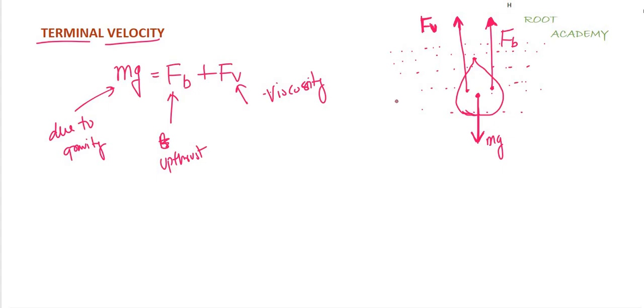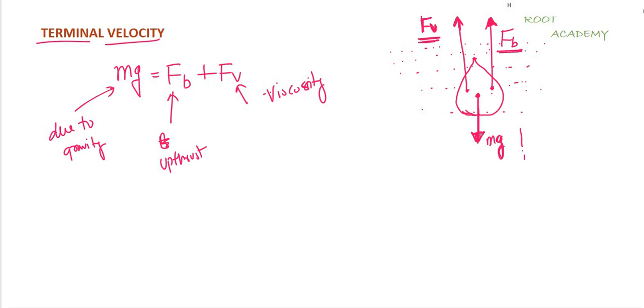So we should know what terminal velocity is. Whenever any object is falling in the liquid, initially its speed will increase due to gravity, correct? Because it is falling downward, due to gravitational force, its speed will continue to increase. But these two retarding forces will be in the upward direction, which will try to reduce its speed.